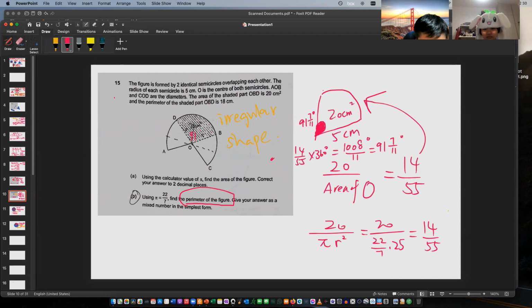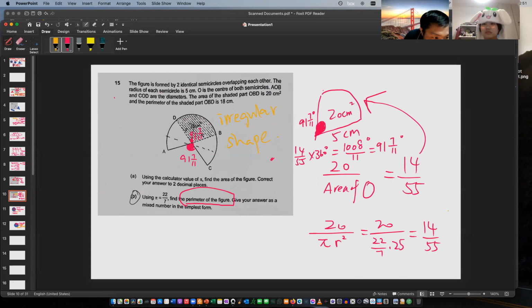This one is 91 7 over 11. So that means this part is also 91 7 over 11. Am I right? Opposite angle, right? Can you see? Yes. Good. Then I can find the orange part.